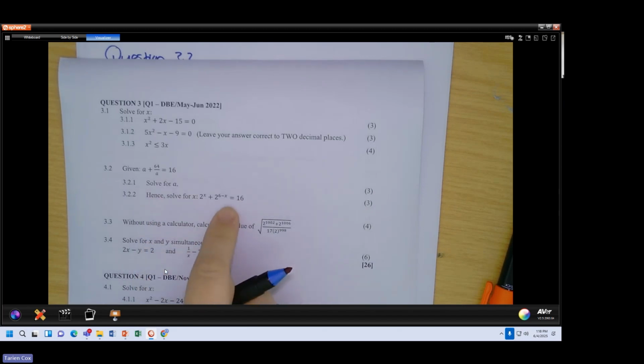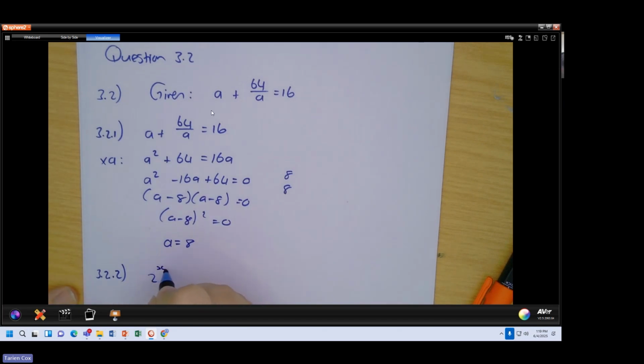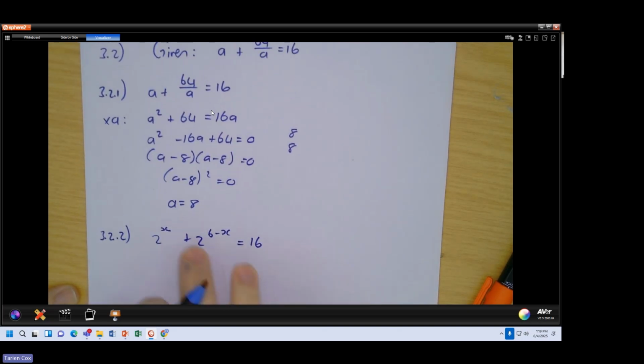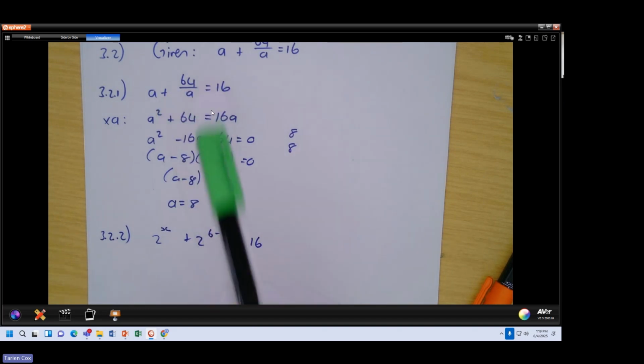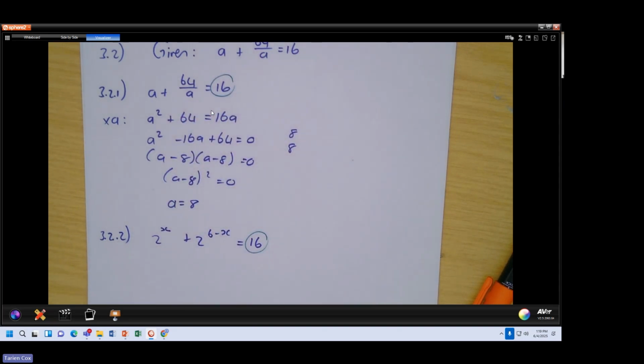I just want to write down that question before I start: 6 minus x is equal to 16. If I need to use my previous answer, I need to compare these two questions. What I can already see is that I've got a 16 and I've got a 16. So that part is sorted. Let's see if we look more into inspection here.